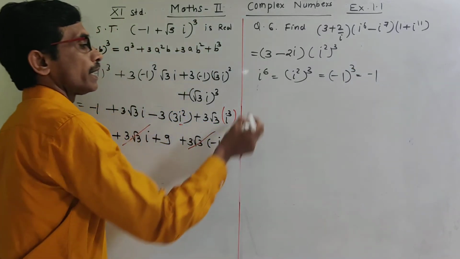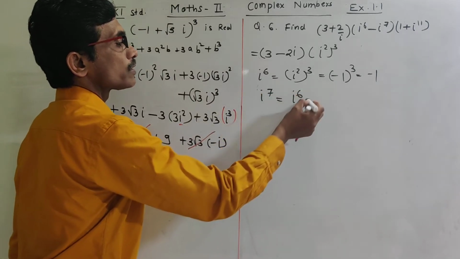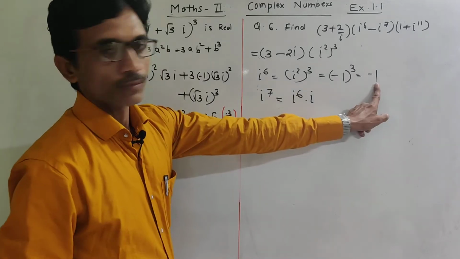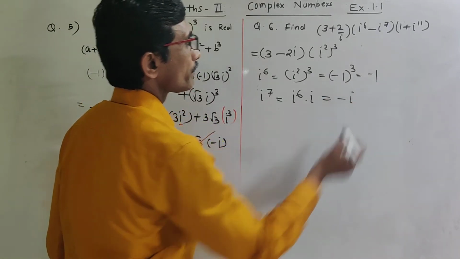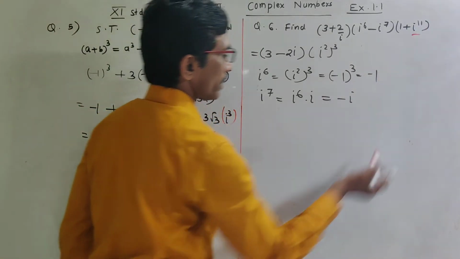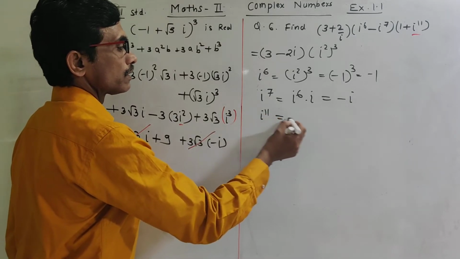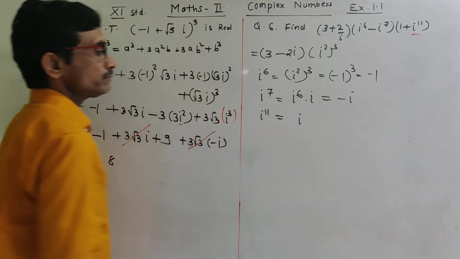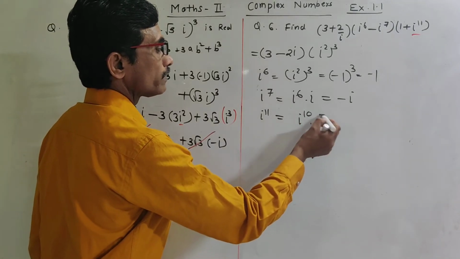i raised to power 7 we will write as i raised to power 6 into i, but i raised to power 6 is -1, so it is -i. i raised to power 11 is i raised to power 10 into i.